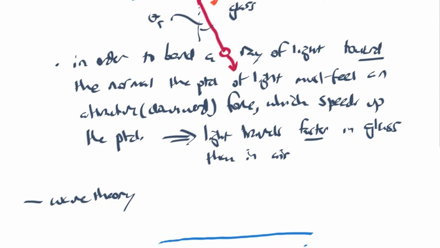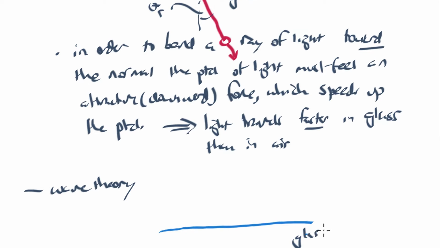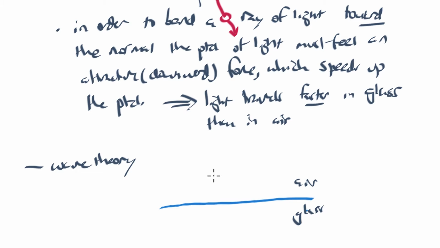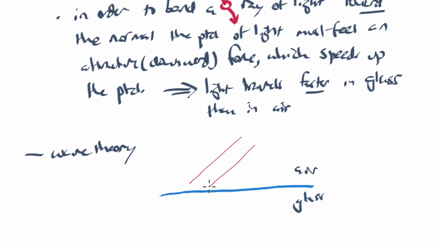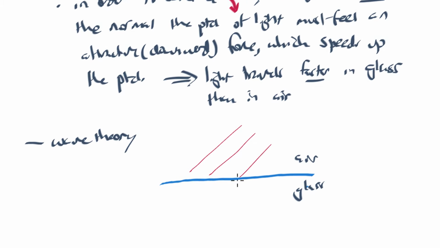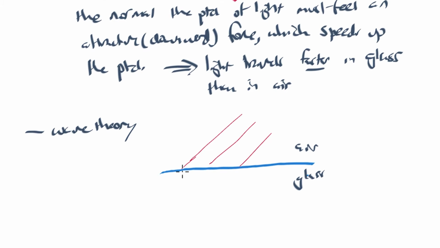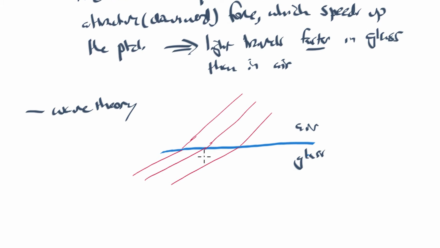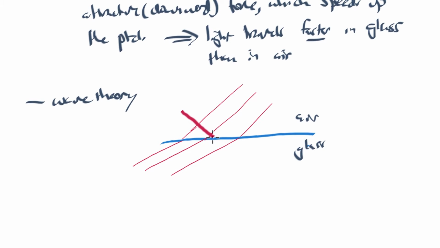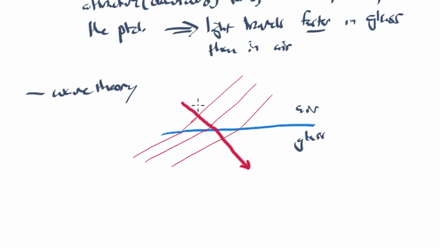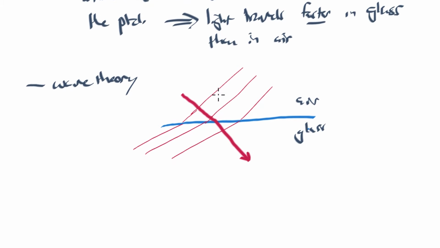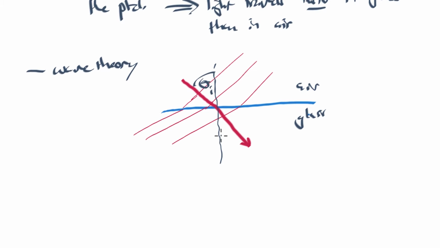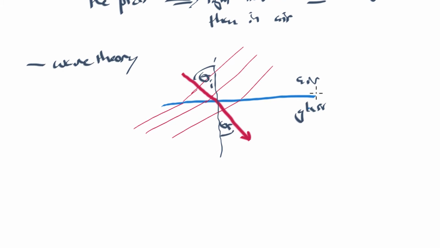Once again, if you have glass down here and air up here, and we think about light not as consisting of rays or as particles, but as waves coming in like this, remember these wave fronts, because the wave slows down, they kink like this, so that the ray of light was going at a different angle on the outside of the glass and on the inside of the glass. That is, the angle of incidence is greater than the angle of refraction, right?